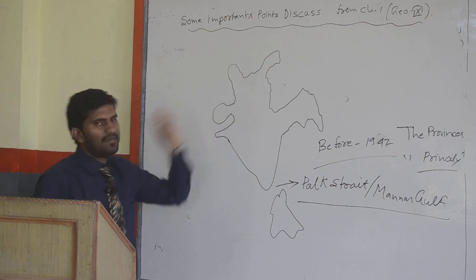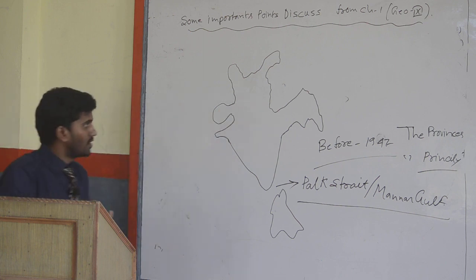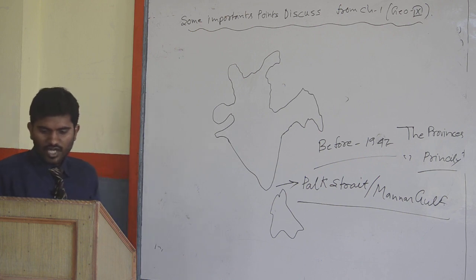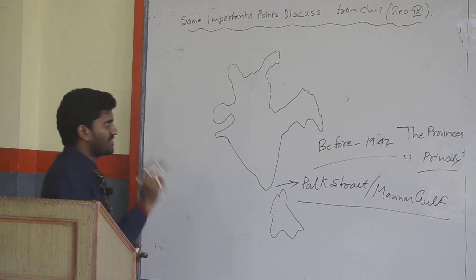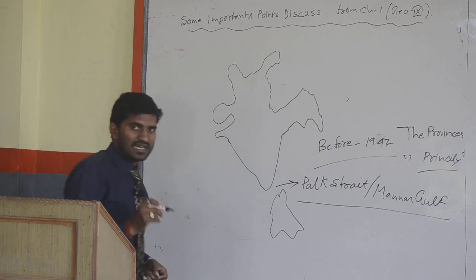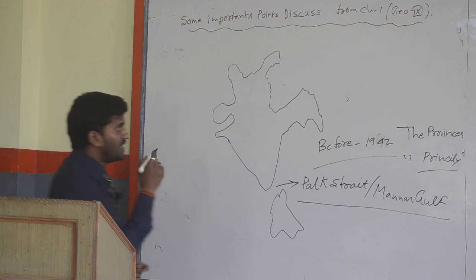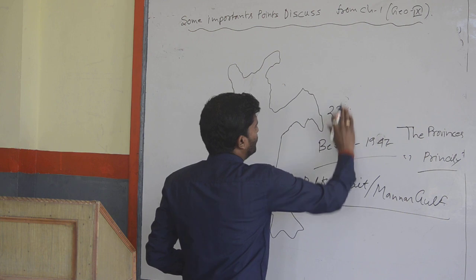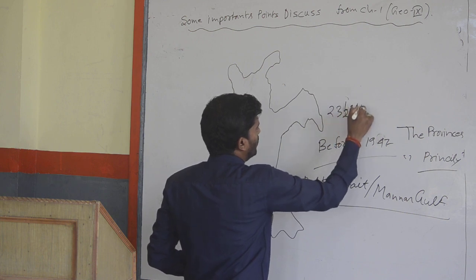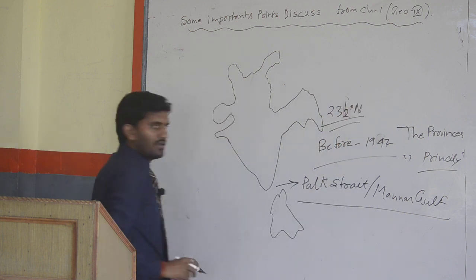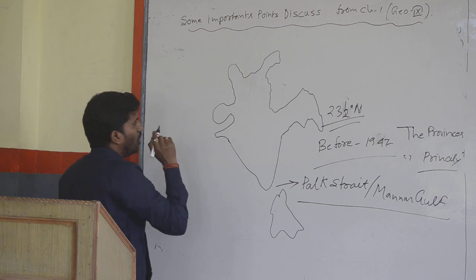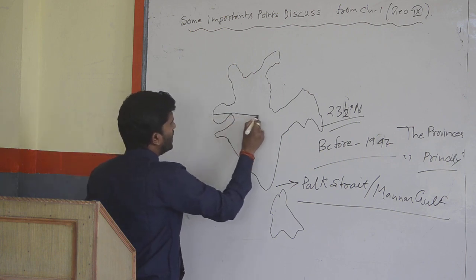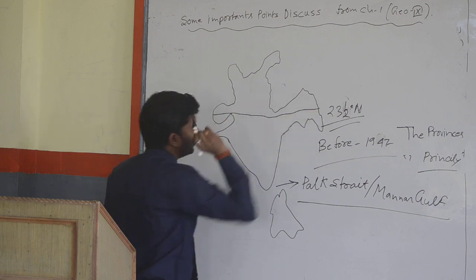This is our country map. Clear? The Tropic of Cancer latitudinal extent is 23 and a half degree north. This is called the Tropic of Cancer. It passes through the middle of the country from Gujarat to here.